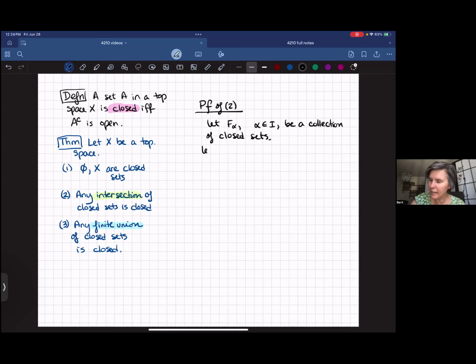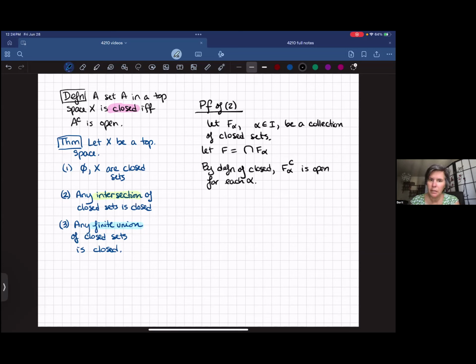And then let's let F be the intersection of all of the F sub alpha. All right. So first, what do we know about each F sub alpha individually? Each F sub alpha is closed. So by definition of closed, F sub alpha complement is open for each alpha.